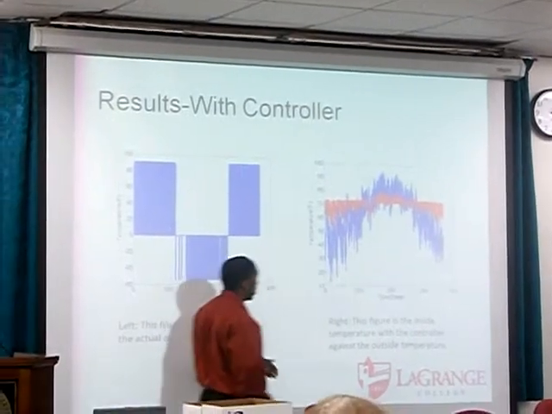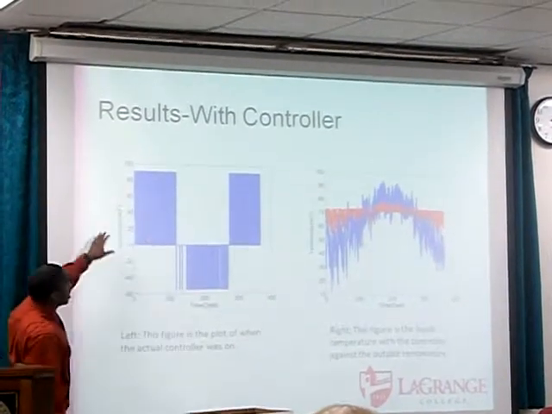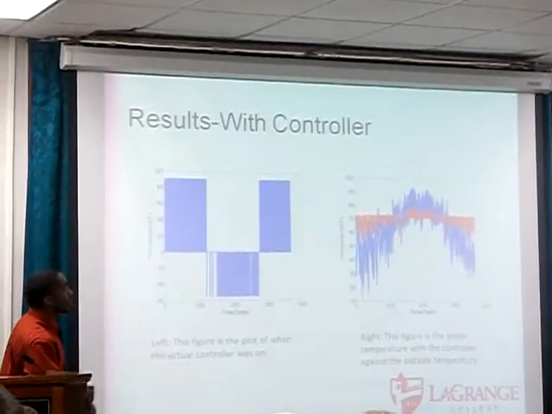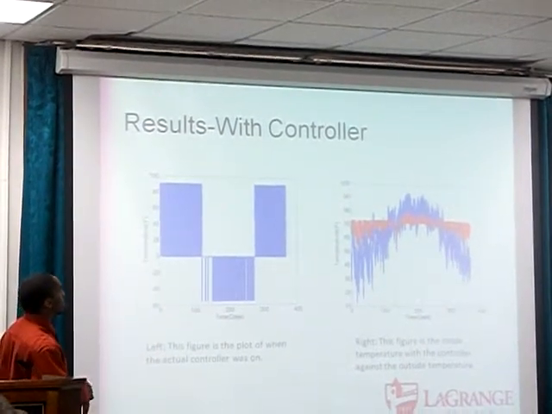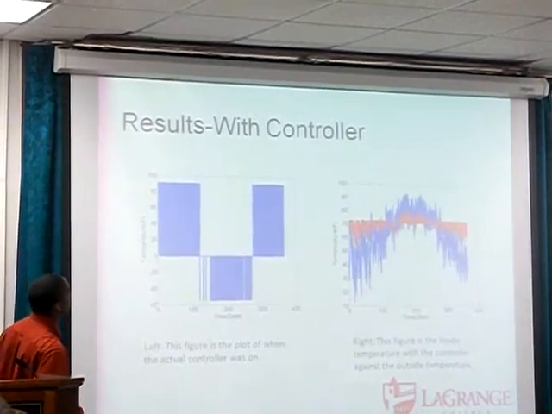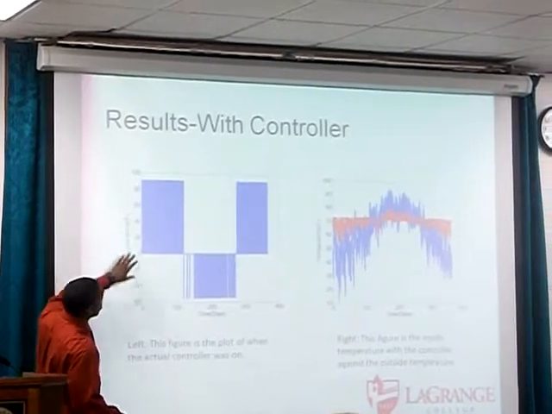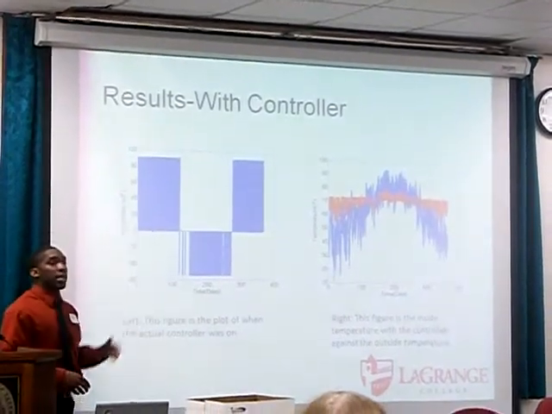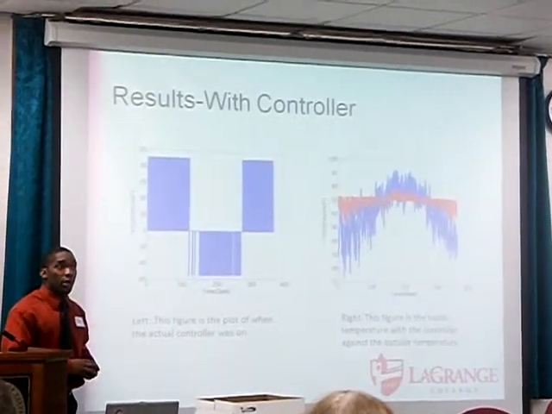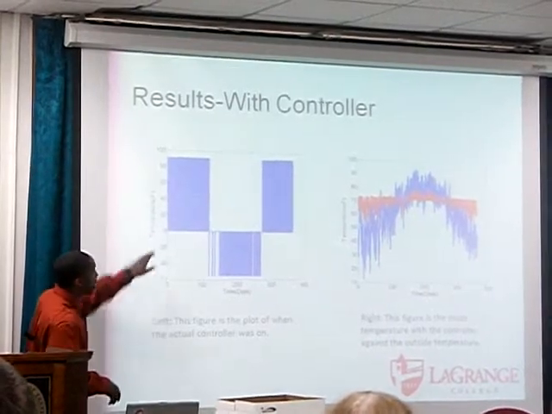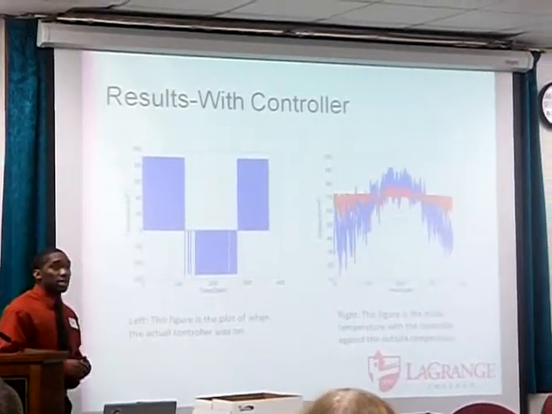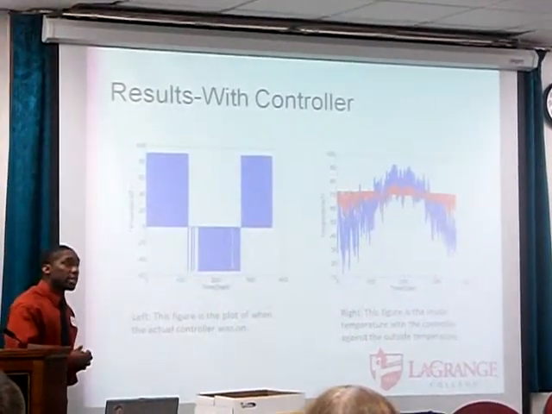Okay. Now, this is probably one of the most important things, and if you've been sleeping through my presentations, this is where you want to wake up. So right here, this is telling you when your air conditioner is on and off. With this, you can see when you're using energy and when you're not.